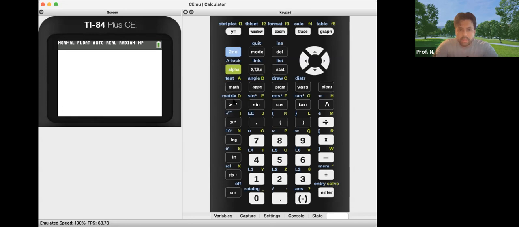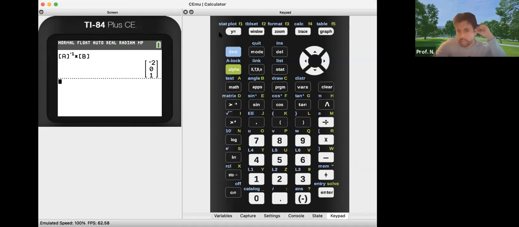Then I'm going to take the inverse of matrix A and multiply that by matrix B. And I get -2.